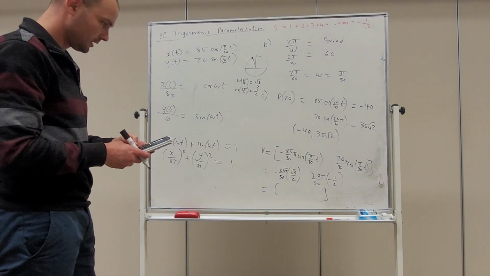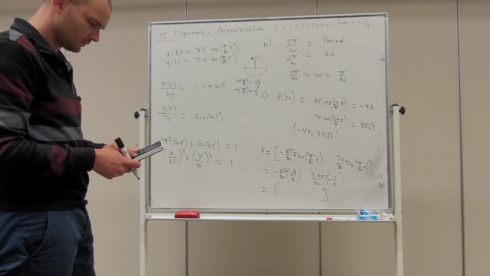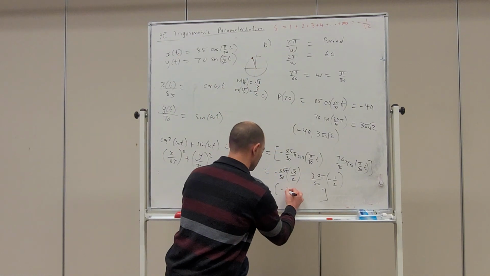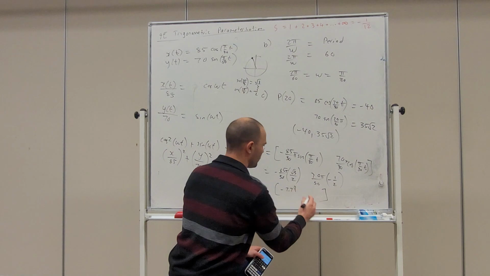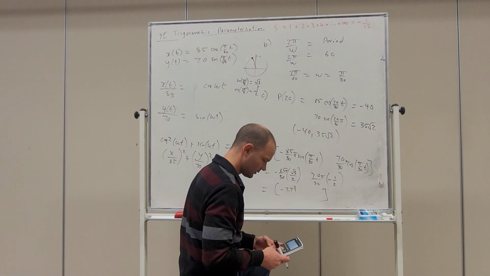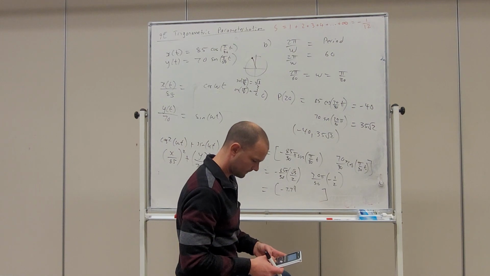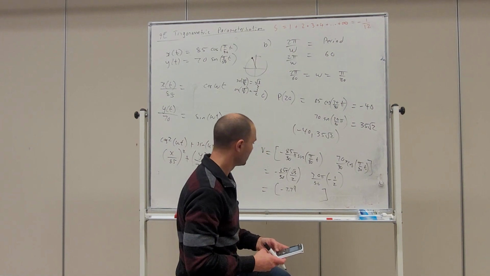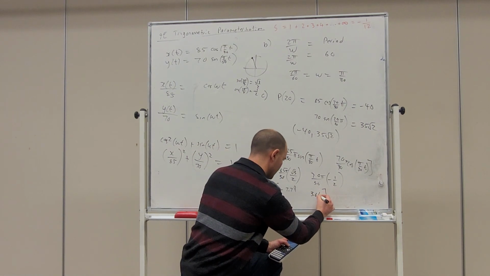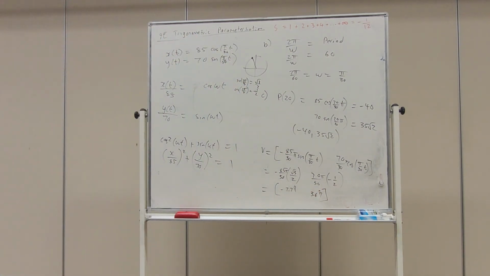What do we have? 85 on 30 pi times root 3 on 2, which is minus 7.71, and for the y component, 70 on 30 pi times negative half, which is minus 3.67. Okay, so that's the velocity vector.